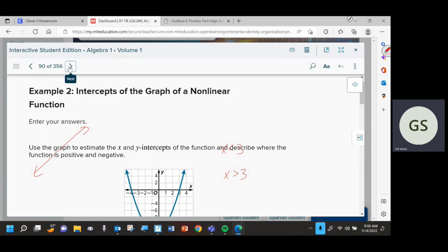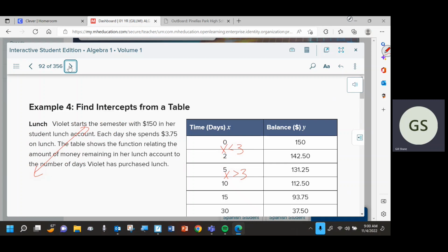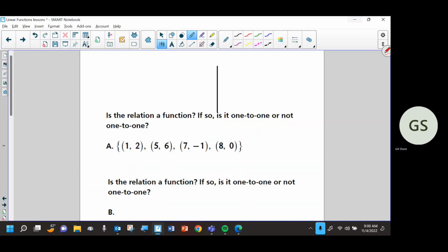That's the same thing. Intercepts. Intercepts again. Intercepts from a table. So what's the intercept real quick there?